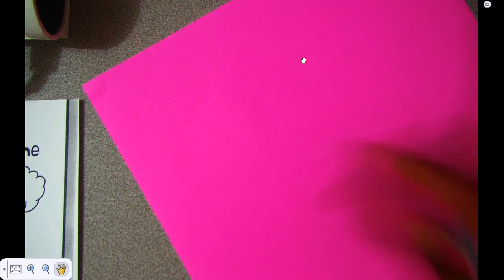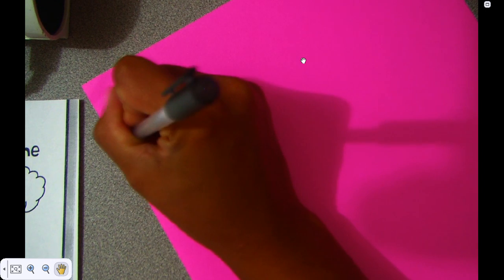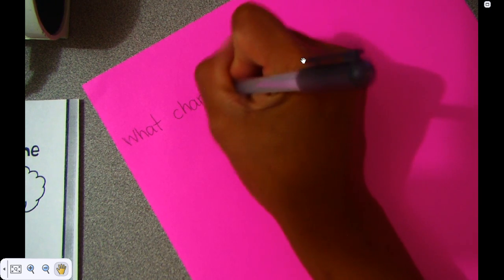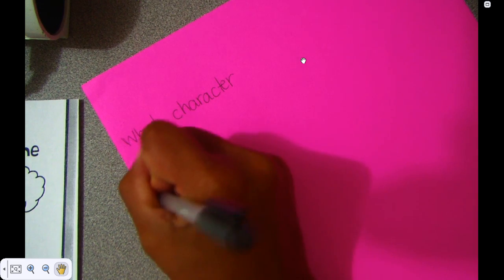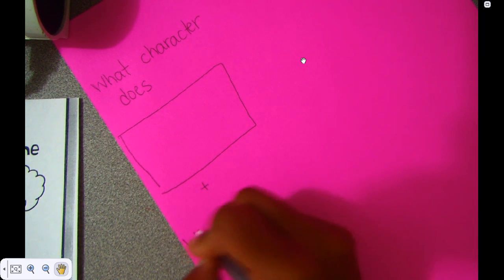we're going to fill in an organizer, and if you would like to get a sheet of paper, you can pause the video after I draw it and draw this sheet as well. So I'm going to want to know the clues from the story. What does the character do? I need to see, are there clues from what the character is doing in this story, My Friend Mike?